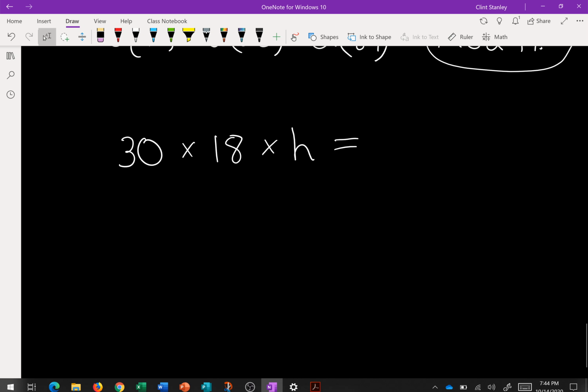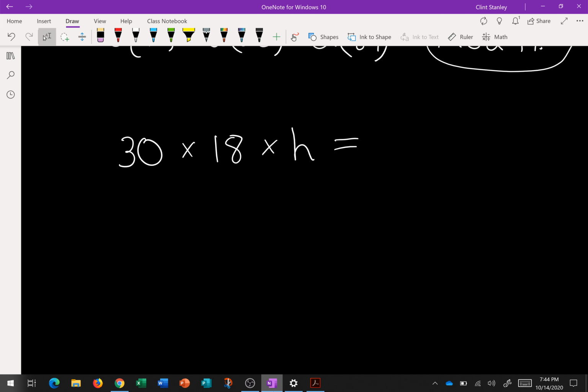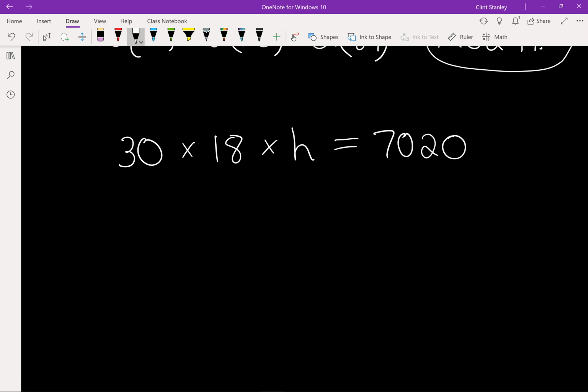And when we do that, we have to get, what do we have to get? 7,020. So what we can do: 30 times 18 is 540, times h, or 540h, equals 7,020.